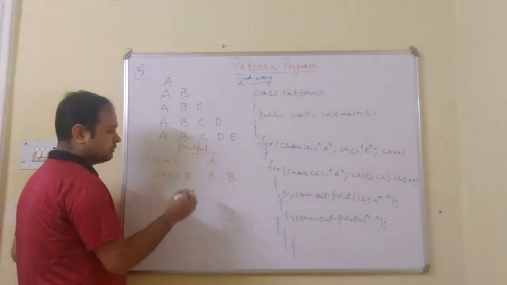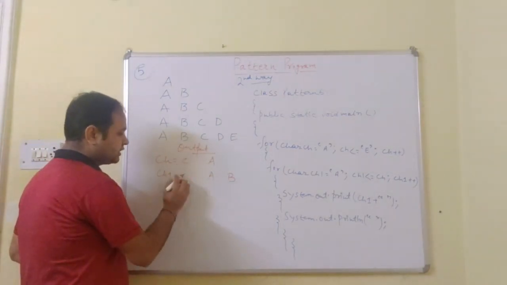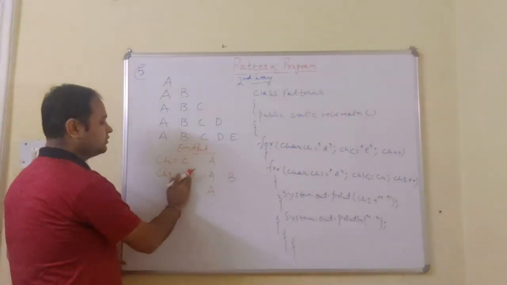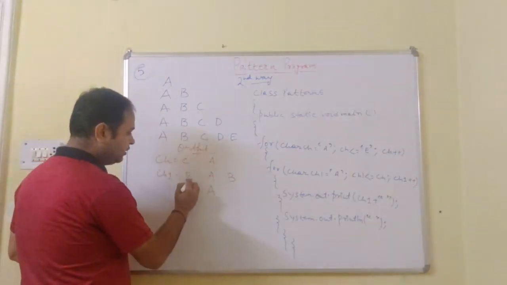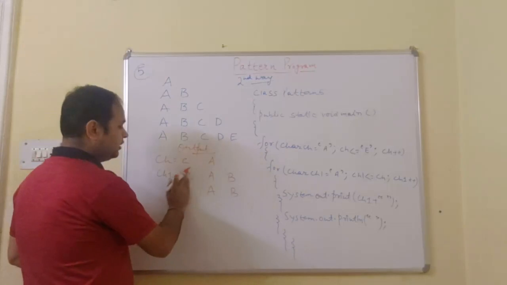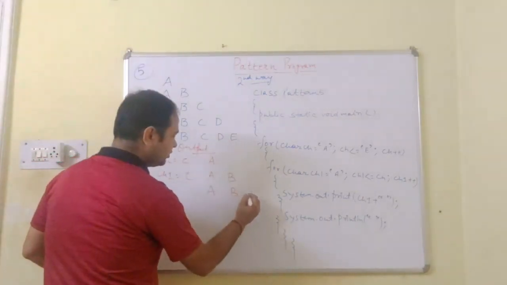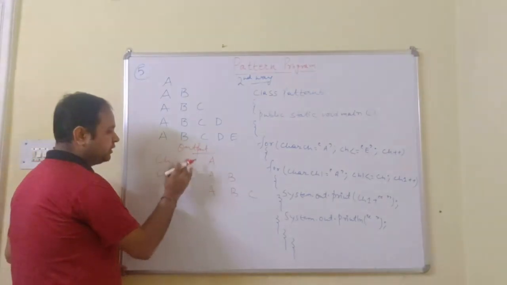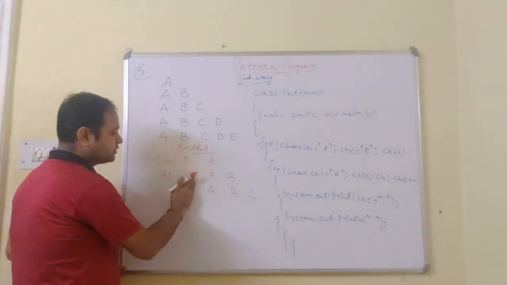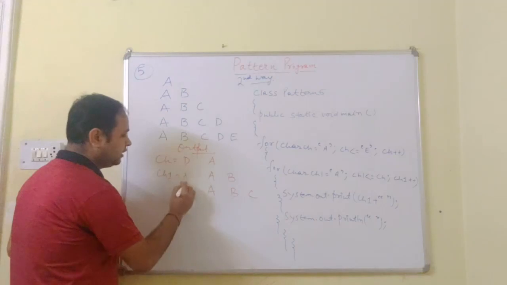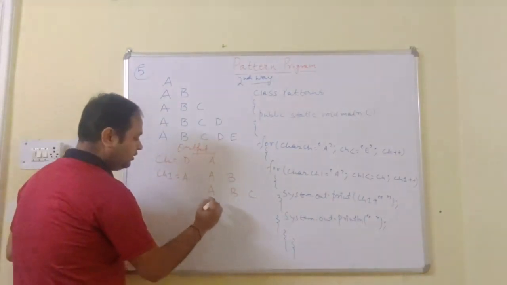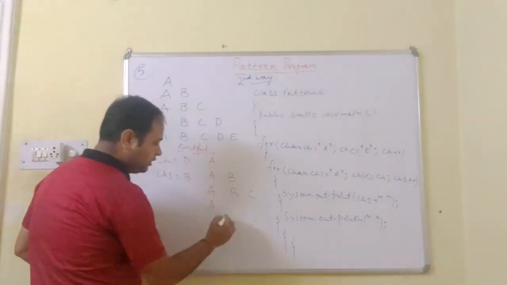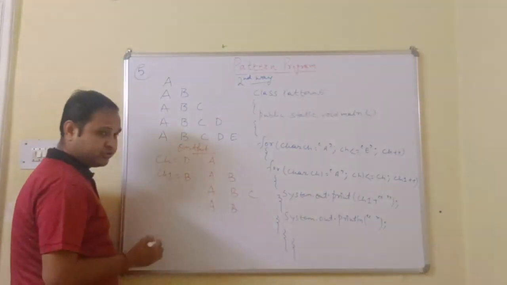Then the value of ch is updated to C. ch1 again starts with A, so it prints A. ch1 becomes B, so it prints B. Then it becomes C, condition is true, so it also prints C. Then the ch value is updated to D, and ch1 again initialized with A, so it prints A. ch1 becomes B at the second step, so it prints B because the condition is true.